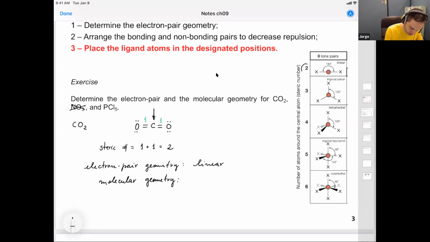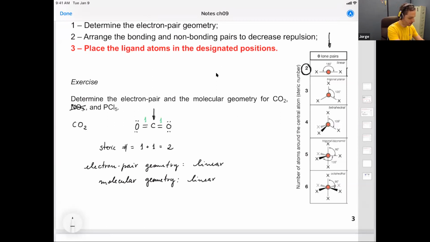So in this case, we have steric number 2 and no lone pairs around the central atom. Therefore, in this case, the molecular geometry for CO2 is also going to be linear.